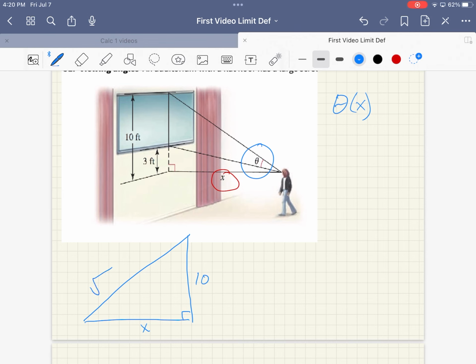And so therefore, by Pythagoras, we know that this is the square root of x squared plus 100. Additionally, we have the smaller right triangle, which looks like this, where this is x, this is 3, and so this would be the square root of x squared plus 9.